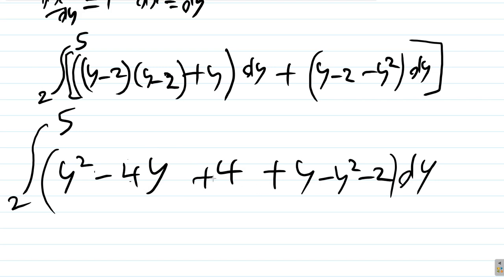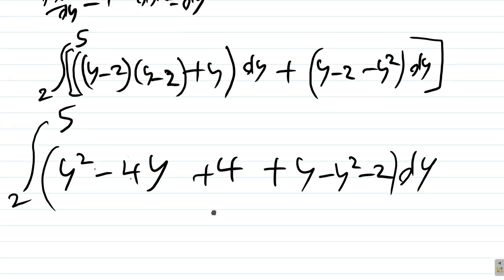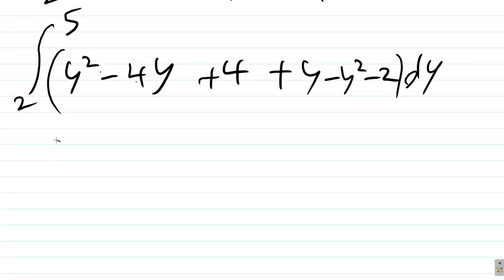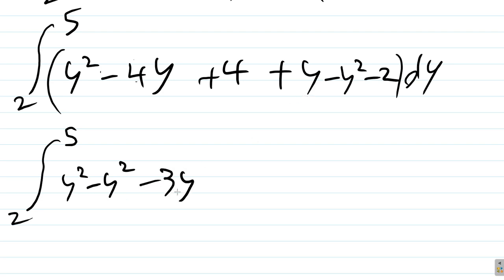Alright. So what else we have? Integral from 2 to 5 of y squared minus y squared, minus 4y plus y is minus 3y, plus 4 minus 2. 4 minus 2 is 2 plus 2.